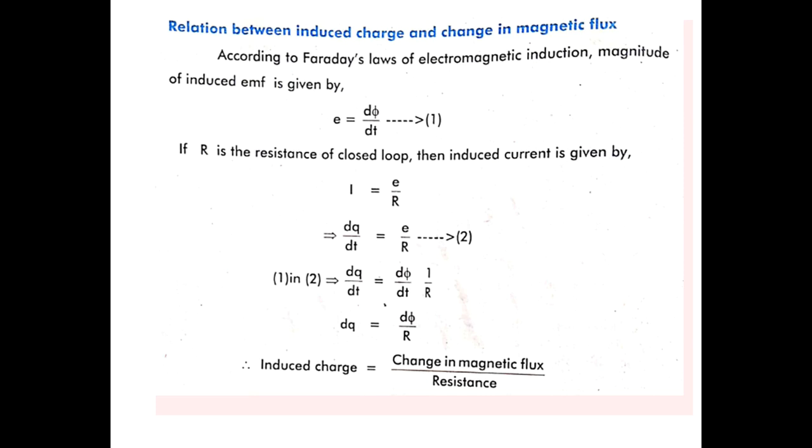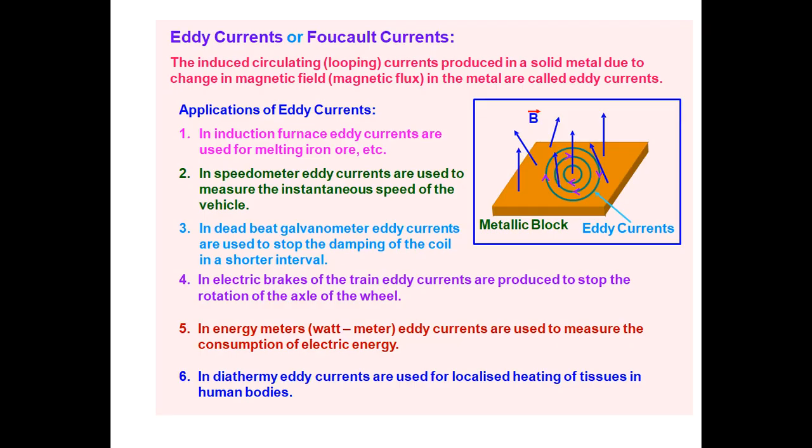Then the next part of this chapter is eddy currents. The induced circulating or looping currents produced in a solid metal due to the change in magnetic field or magnetic flux in the metal are known as eddy currents.